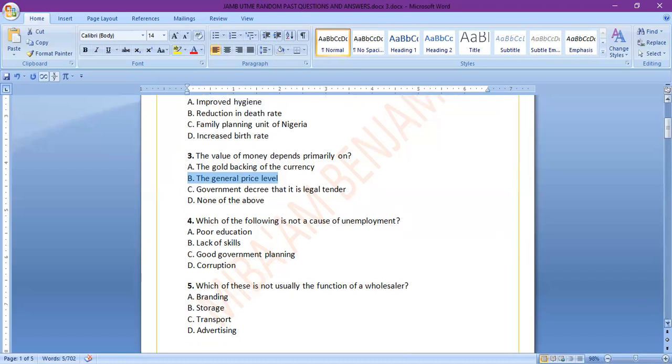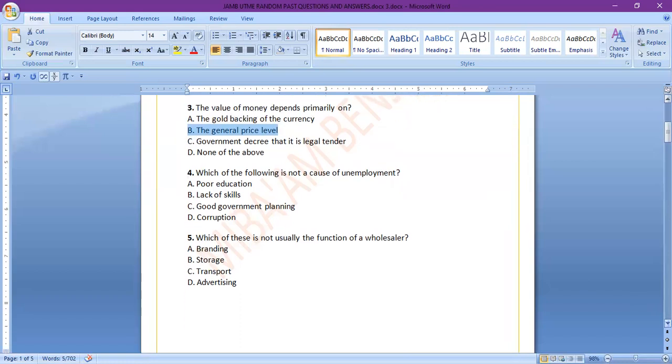Yeah. So number four, which of the following is not a cause of unemployment? A, poor education. B, lack of skills. C, good government planning. D, corruption. It's very straightforward. Good government planning is not a cause of unemployment.